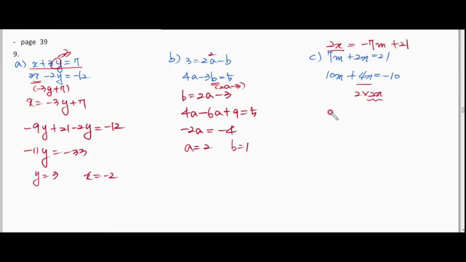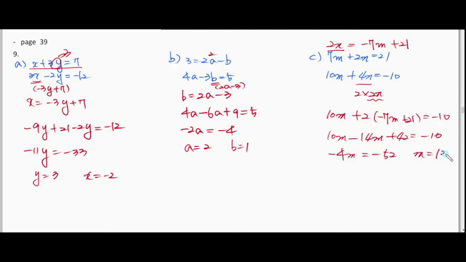Then it will be 10m plus 2 times negative 7m plus 21 equals negative 10. This is how it works. Let's organize it: 10m minus 14m plus 42 equals negative 10. Negative 4m equals negative 52.